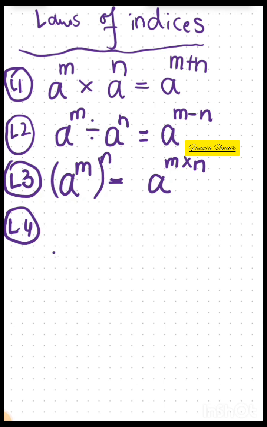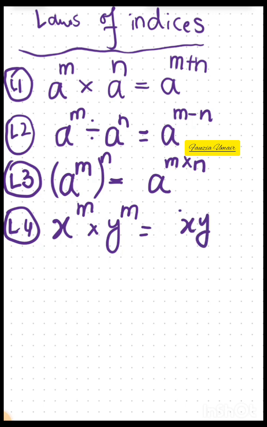So law 4 and 5 are when the power is same. So for example, if x power m is multiplied with y, which also has power m, then you can write them as a whole power: xy whole power m.